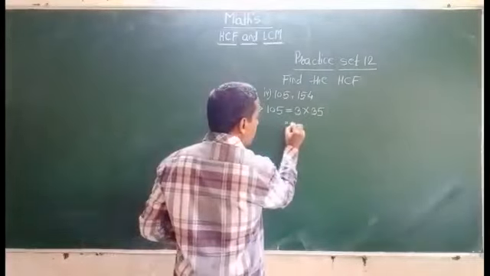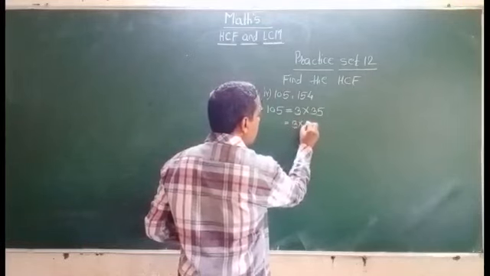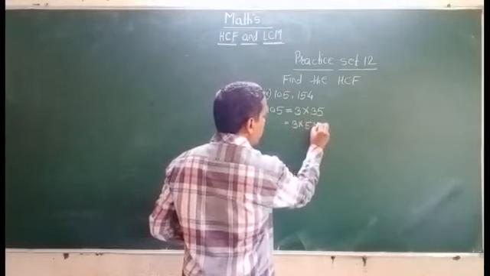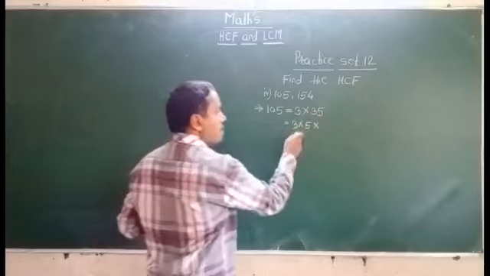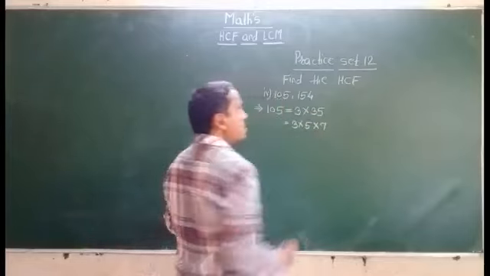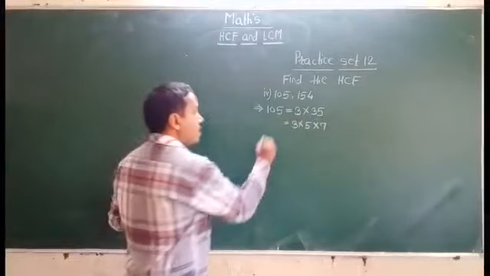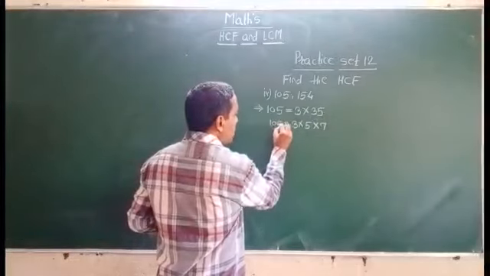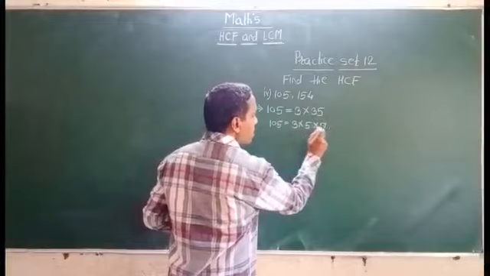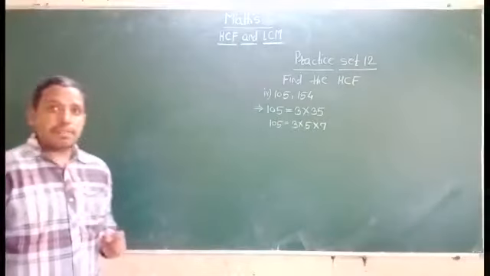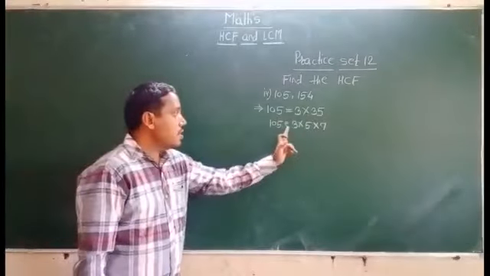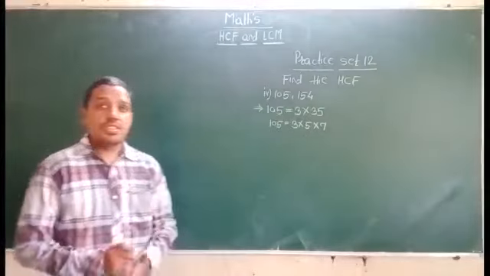That 35 is again divided by 5, and when that 35 is divided by 5, we get the answer 7. So the prime factorization of 105 is 3 into 5 into 7.